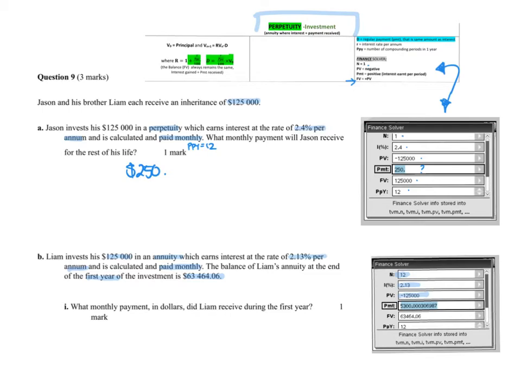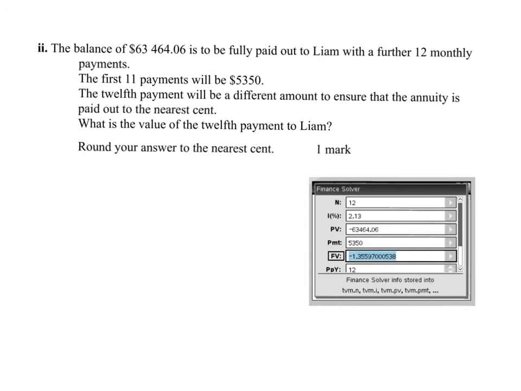And at the end of the first year, the bank is going to give back that much. So we pop that in as a positive and PPY 12. And we can see that he gets a payment of $5,300 a month.